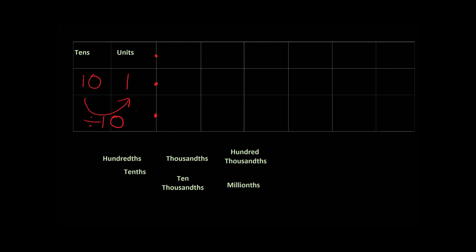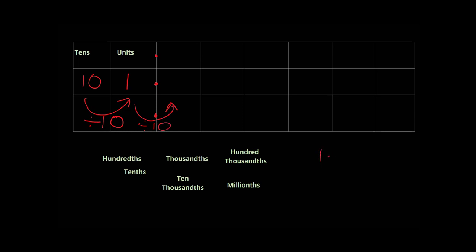So to go from the units place value to the next one, the one that's on the other side of the decimal point, and notice particularly that the decimal point doesn't have a place all of its own. It's on, if you like, the fence between the units and this place that we're going to discover just now. To go from the units to this next place, we need to divide by 10.